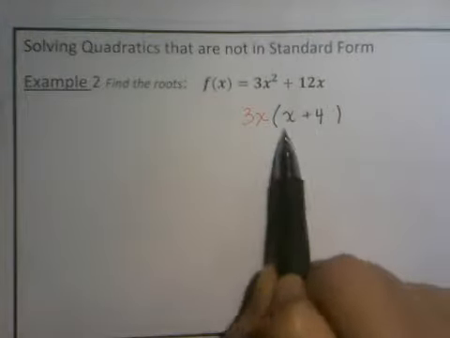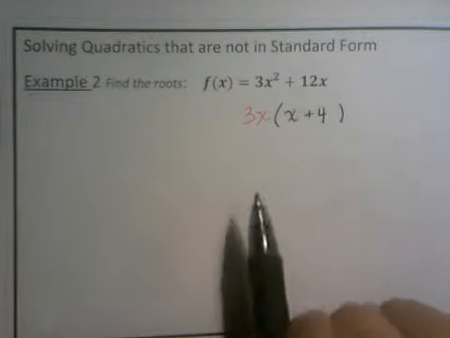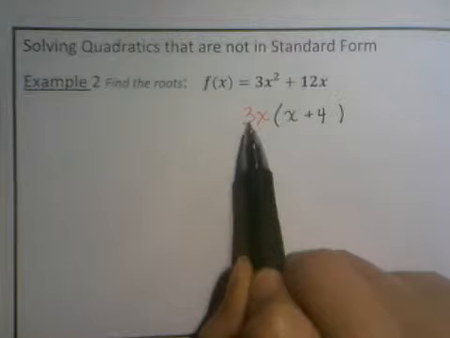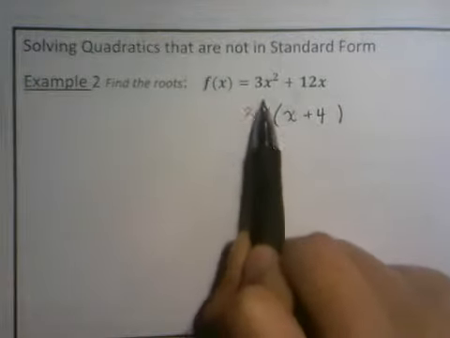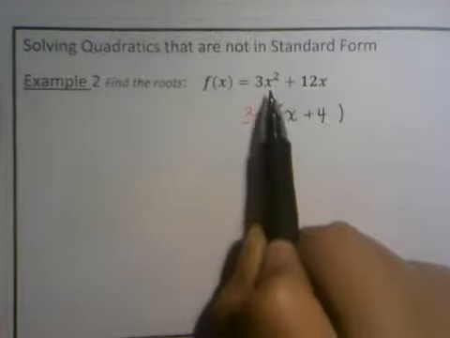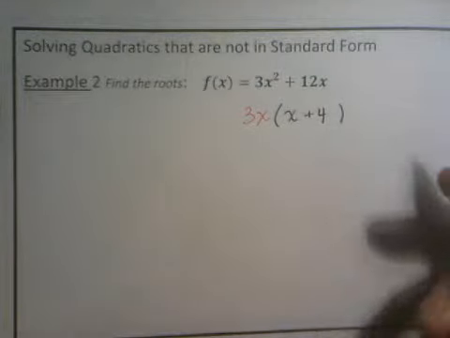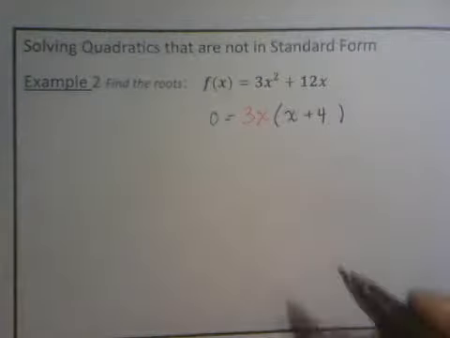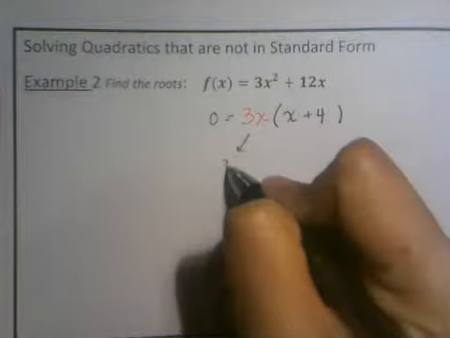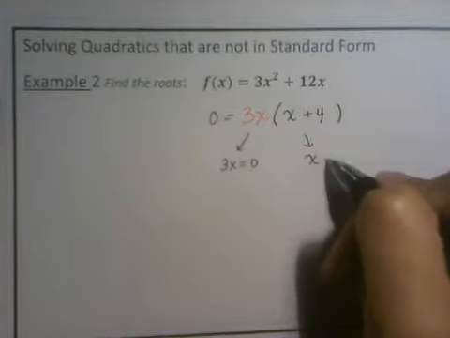The way that I got this term inside, if anybody's wondering about that, was just kind of to think backwards. Once I realized I could divide these by 3 and by x, I thought to myself, well, what do I have to multiply times 3x in order to get 3x squared and 12x? We know that in order to find the roots, we want this to equal 0, which means either 3x must equal 0, or x plus 4 must equal 0.